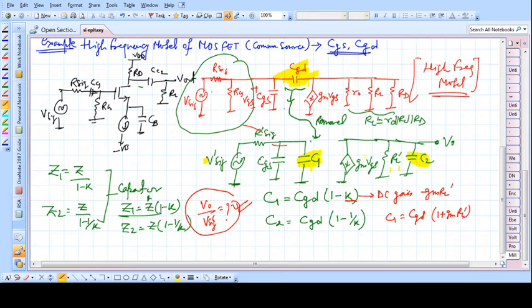So this is the basic idea behind the simple concept of how to replace the bridging impedance. It may be a capacitance, an inductor, or a simple resistance. So this is one of the ways. Now I am going for one more numerical. The numerical will make it more clear.